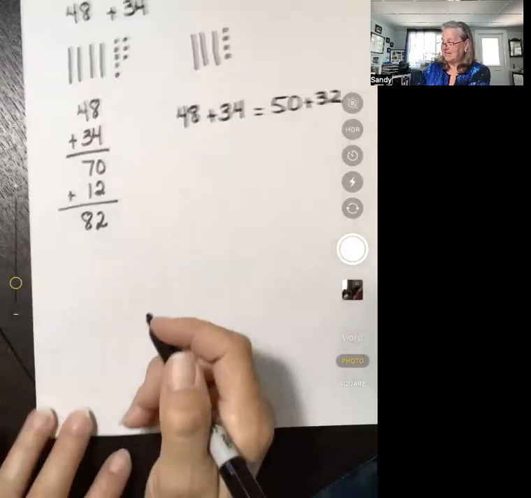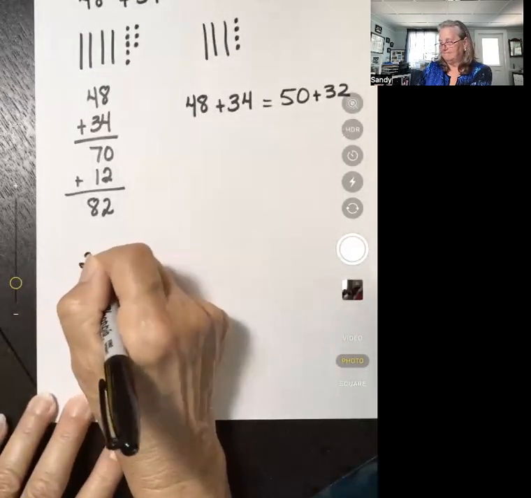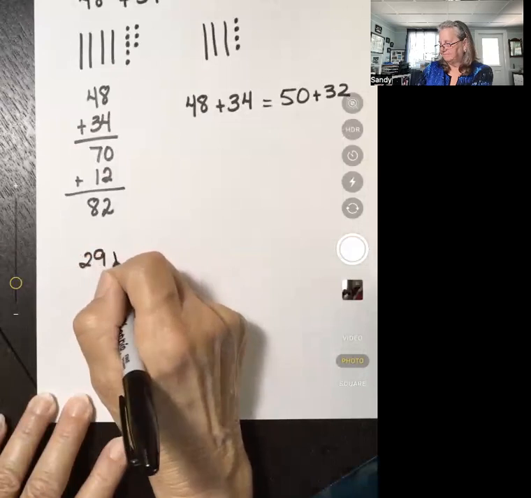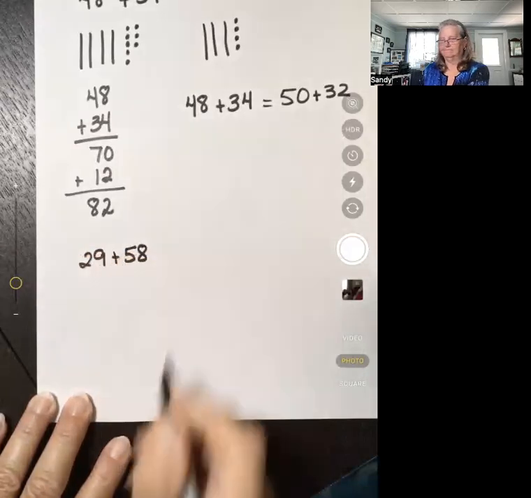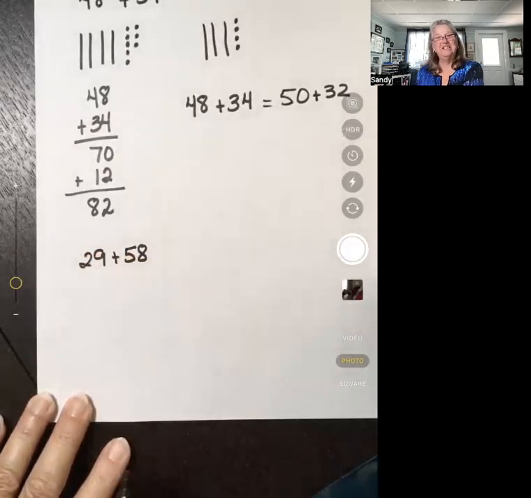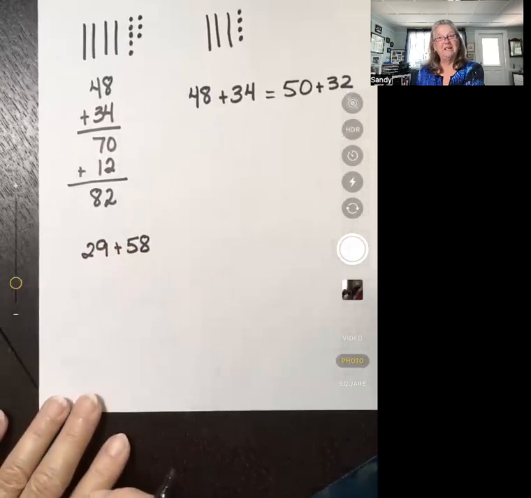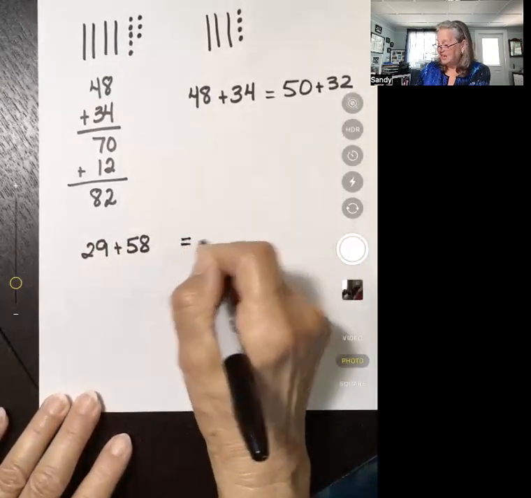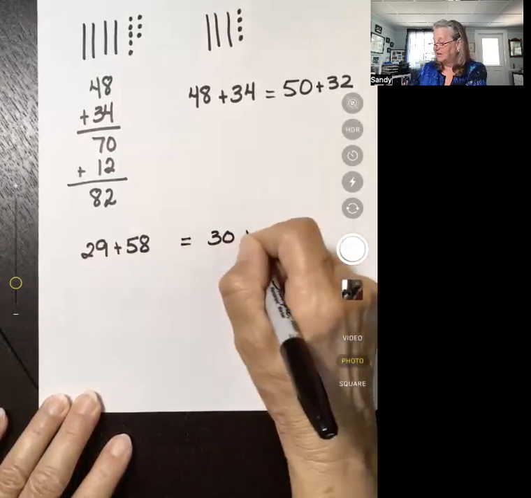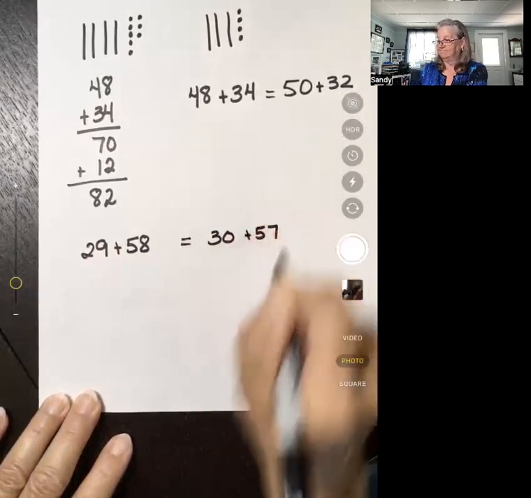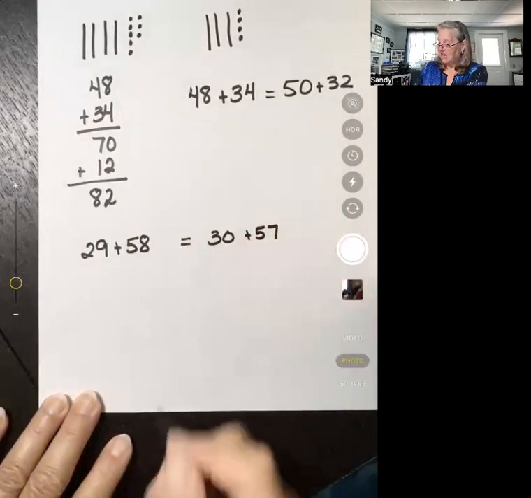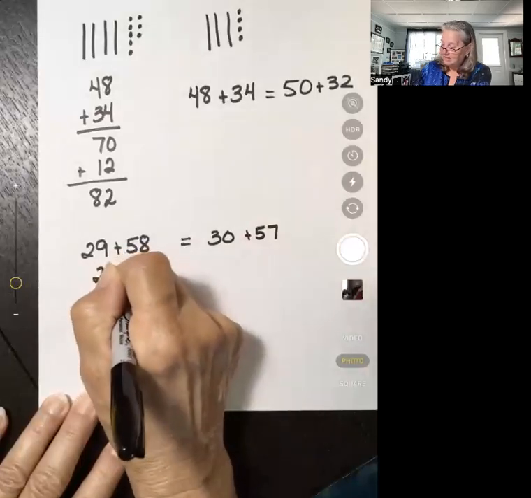Now, same thing. Let's look at this one. See immediately, do you see the associative property? You could think of this as 30 plus 57, 87. I could think of the 29 plus 58.